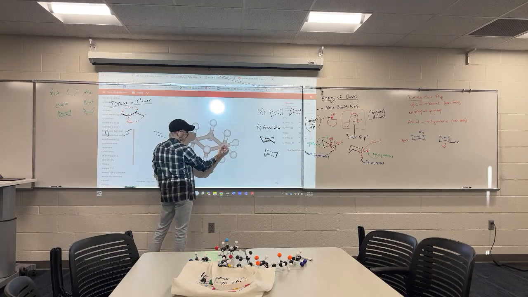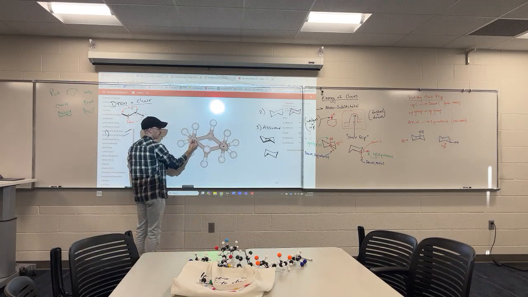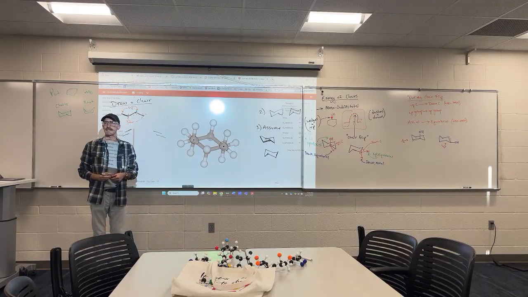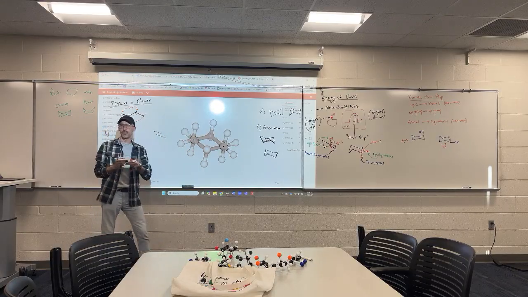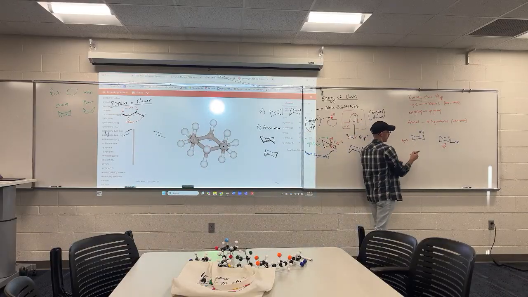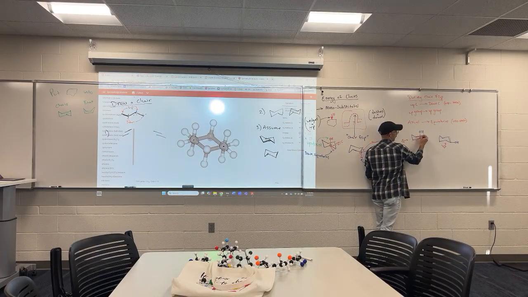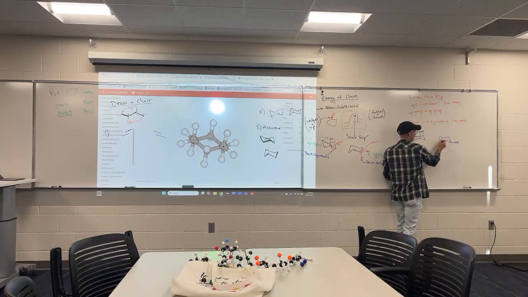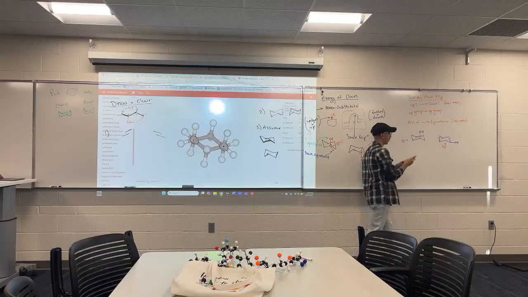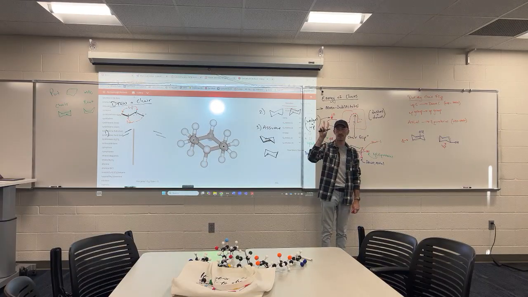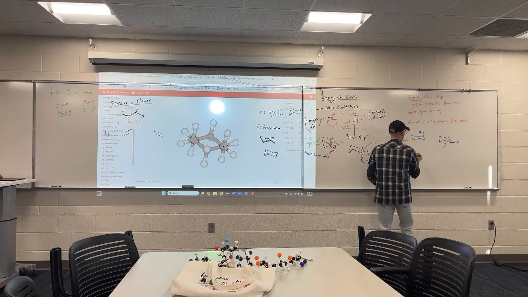Here's a dot, here's a circle, here's another dot, and another circle. It is actually two Newman projections that you will see. If you sight down this bond, you're also sighting down this parallel bond behind it. So the Newman projection of a chair is two Newman projections together in a trench coat.